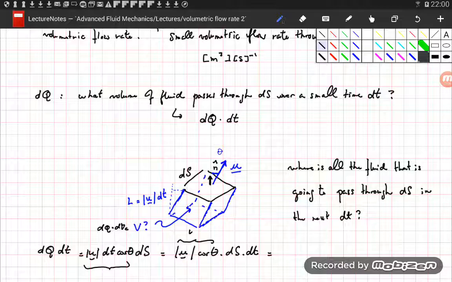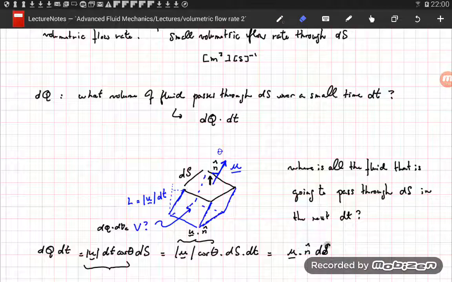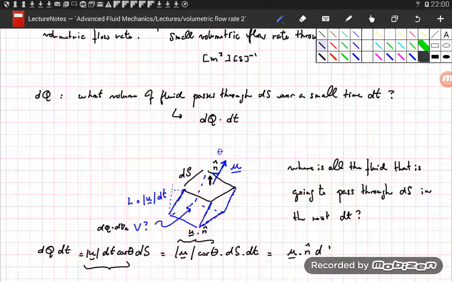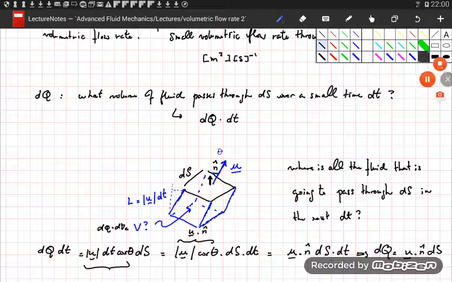This is in fact the same thing as u dot n, and therefore this volume underneath the surface, which is the volume of fluid which will pass through ds over the next dt, is equal to u dot n ds times dt, and therefore dq is equal to u dot n ds.